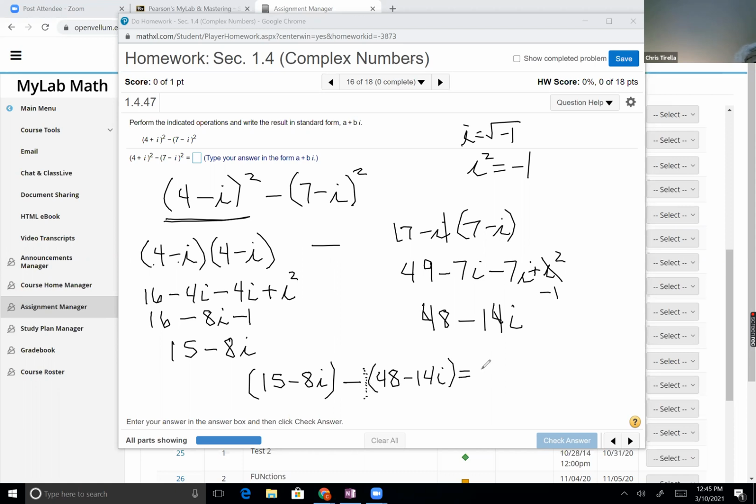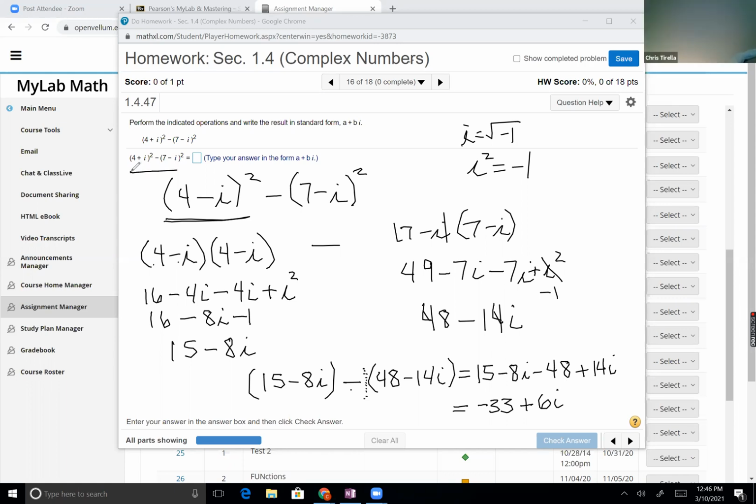And so that becomes 15 minus 8i minus 48, and then minus and minus will become plus 14i. And so that leaves me with negative, is that 33? Plus 6i. Is that the answer? I think so.